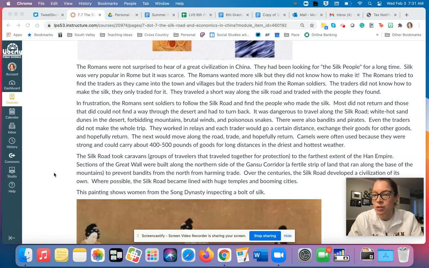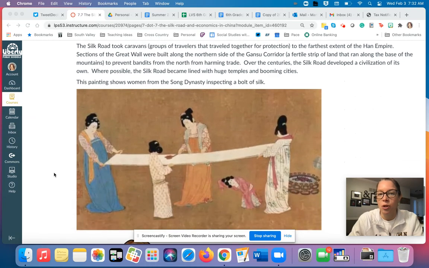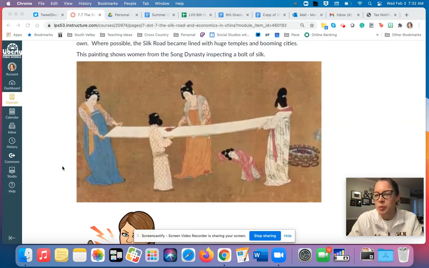Camels were often used because they could carry so much over these long distances, and people often traveled in groups for protection. So this is a picture from the Song Dynasty of some women inspecting silk. So this silk really inspired this trade between Europe and Asia, and even parts of Africa.